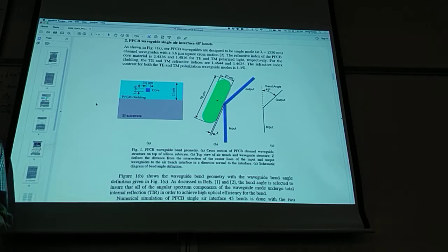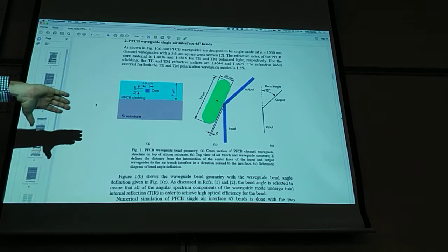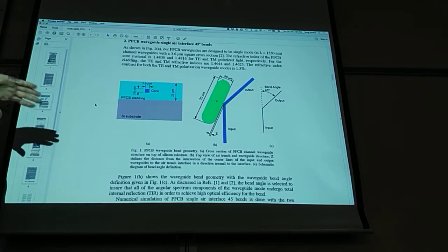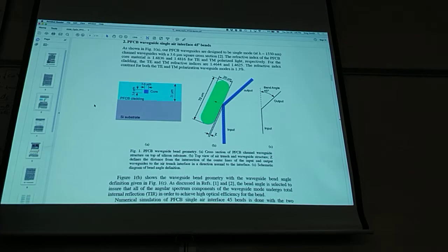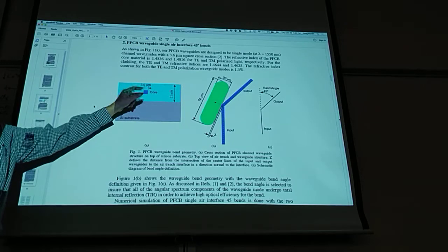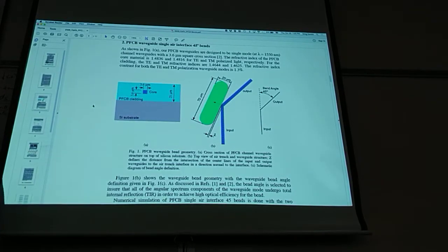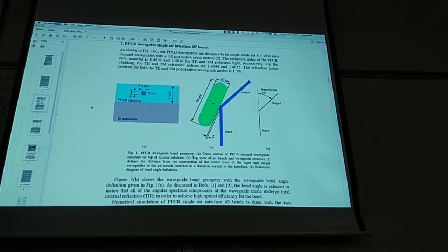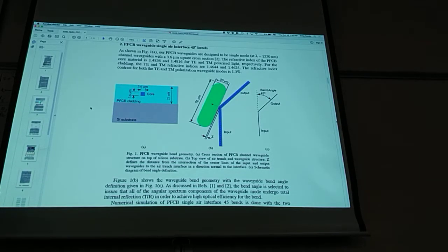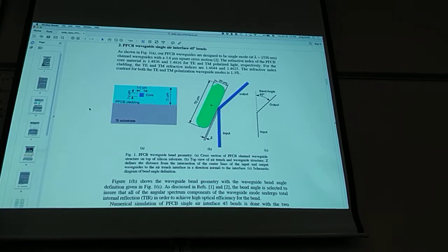Now, whenever you have a waveguide and you try to make a turn, the minimum radius turn you can make is set by the difference between the core and the clad refractive indices. And typically, for polymers and glass waveguides, that core-clad difference in refractive index is really small.